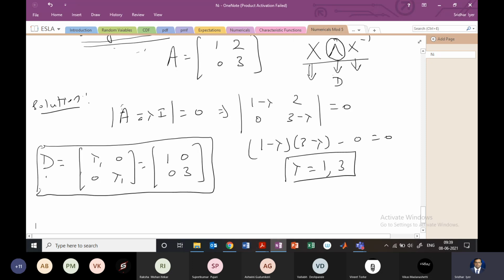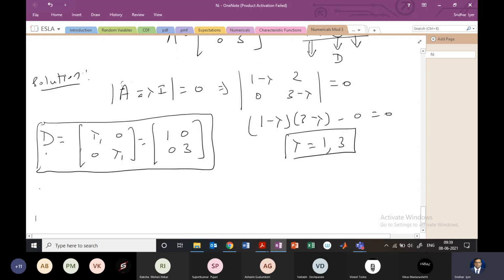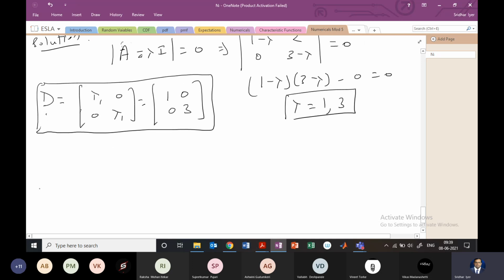Okay. Now in the next step, we need to find the eigenvectors for each of the lambdas. So let's take lambda equal to 1. You have 1 minus lambda, 2, 0 and 3 minus lambda. So 1 minus 1 will become 0, then you have 2, then 0, and 3 minus 1 is 2, right?